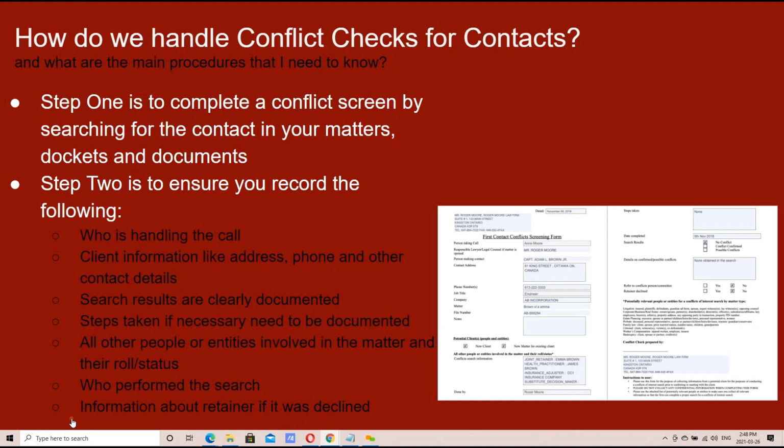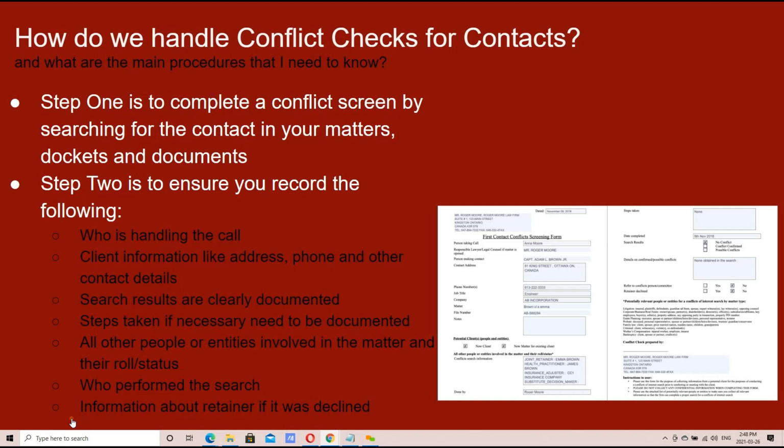But most certainly, as I mentioned, one of the most important aspects to keep in mind is if there is a conflict, identifying whether you're going to move on to the next step or not, whether you're passing this matter along to another representative, whether you're continuing to represent this client despite the conflict, in which case the Law Society does give you a little area to highlight and explain the reasons why you're doing that.